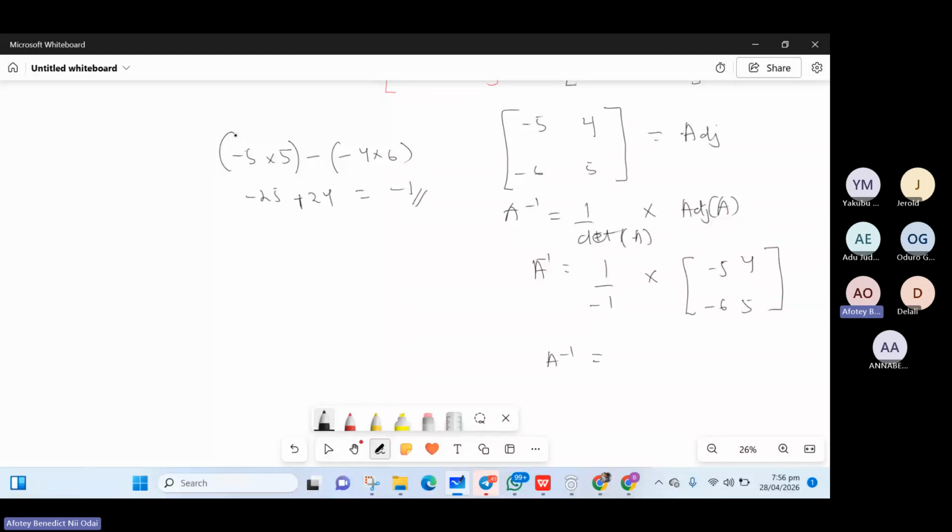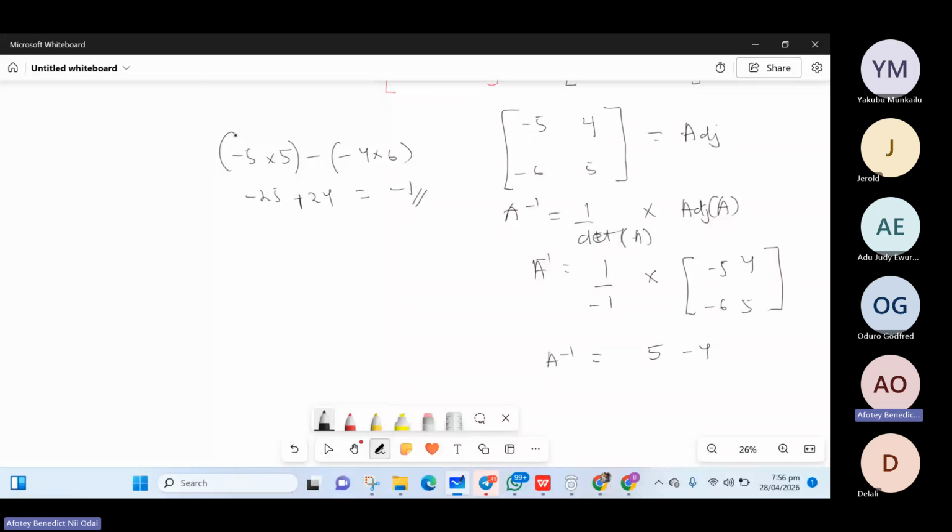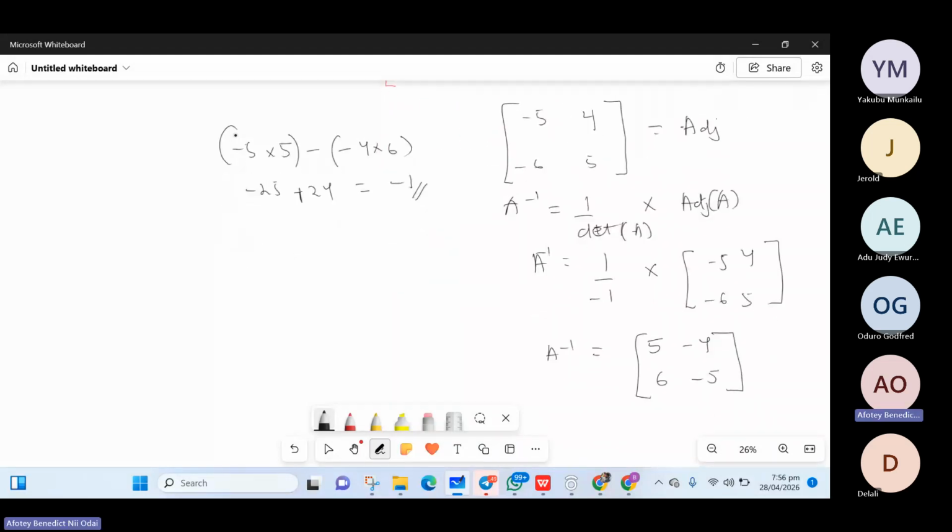So A inverse is equal to 5, -4, 6, -5, and this becomes our inverse. So all we've done is just finding the inverse.